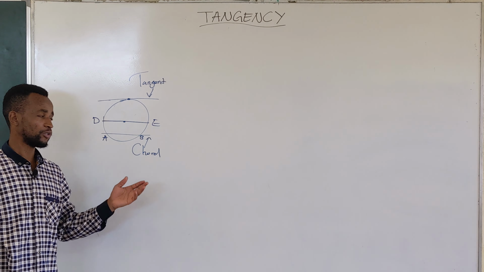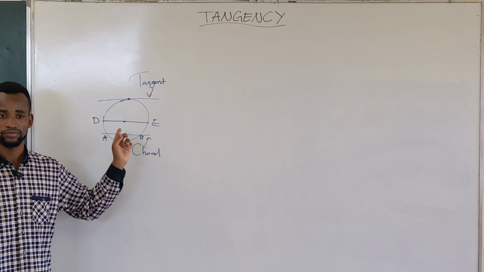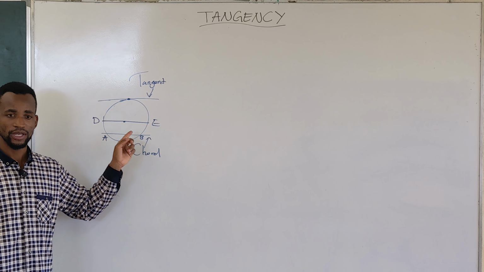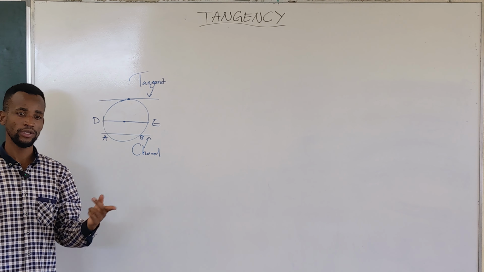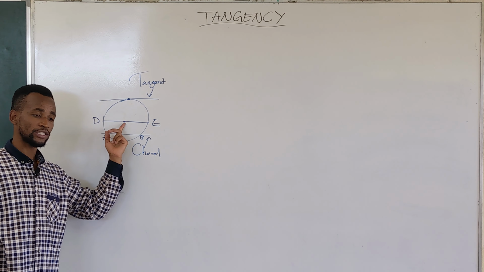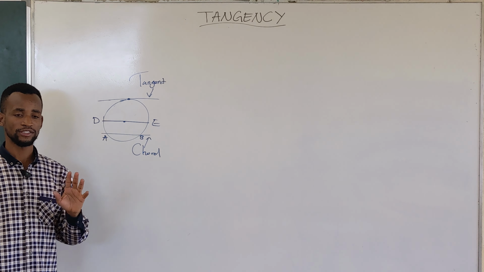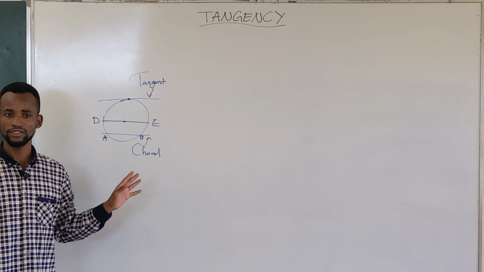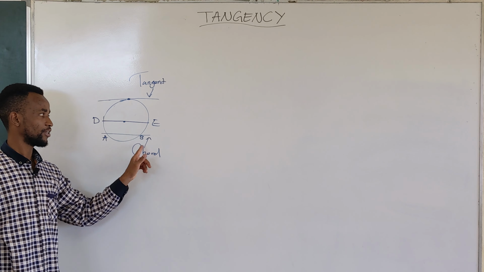The difference between a chord and the diameter is that the diameter will pass through the center of the circle. Listen. The diameter will cut the circumference of the circle at any 2 points, and also pass through the center of the circle, right? For the chord, it just cuts the circle at any 2 points without passing through the center of the circle. Now, a tangent is not a chord.